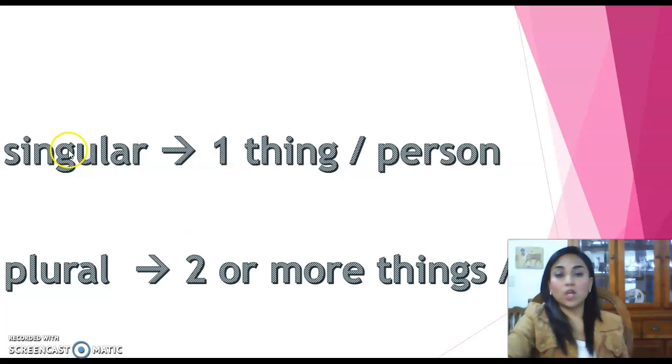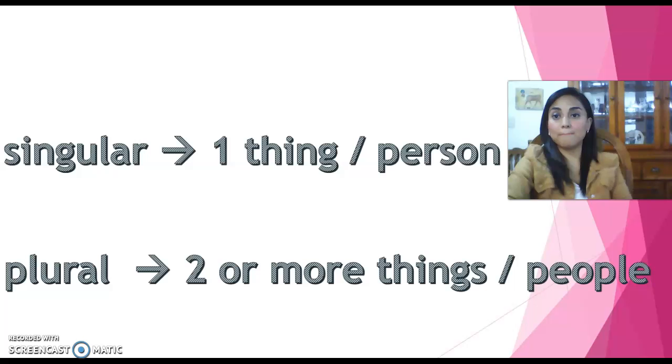You already know that singular is for one person or one thing, and plural for two or more things or people. Ok, tú ya sabes que singular es para una cosa o una persona y plural para dos o más cosas o personas.